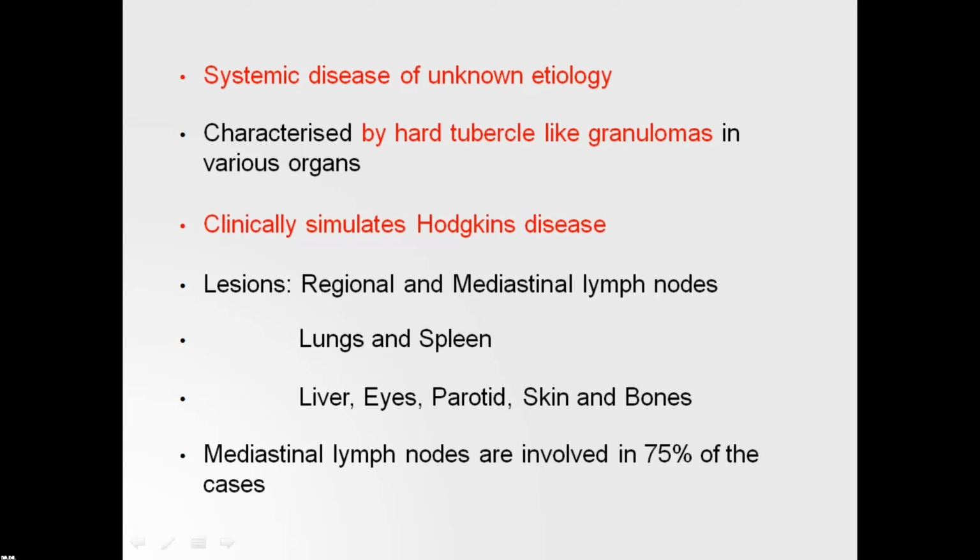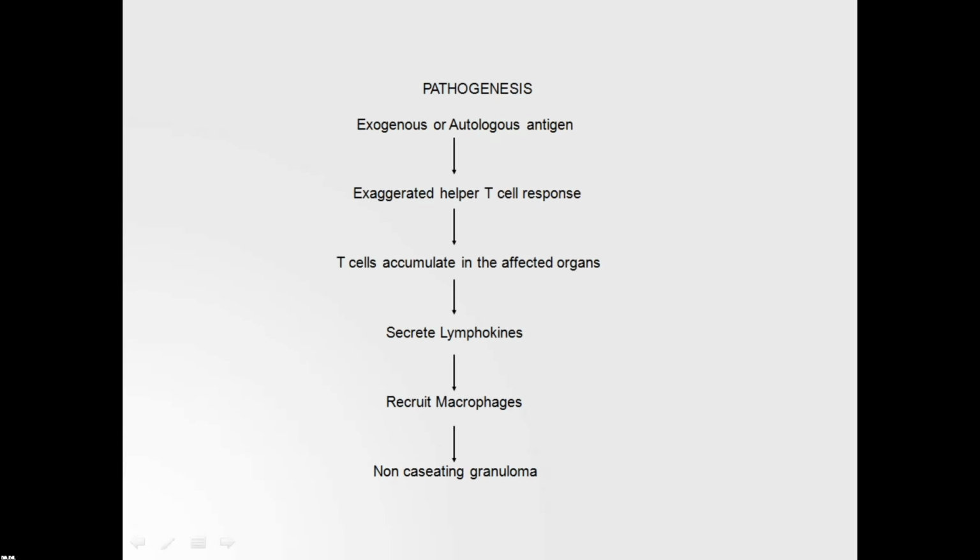Mediastinal lymph nodes are involved in 75% of cases. In the pathogenesis, an exogenous or autologous antigen stimulates and exaggerates the helper T cell response. The T cells accumulate in affected organs and secrete certain lymphokines, causing recruitment of macrophages, resulting in non-caseating granuloma formation.